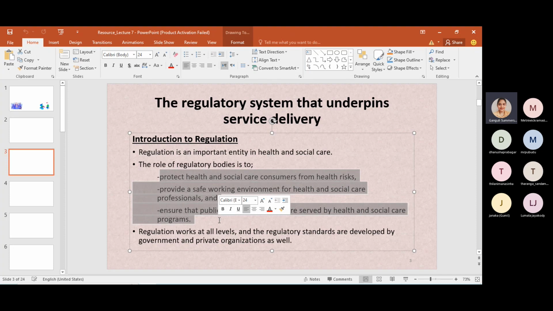Even in the health and social care sector, we have regulatory bodies who check whether the services are provided correctly or not.